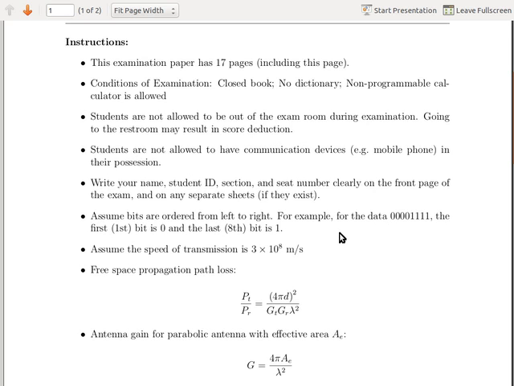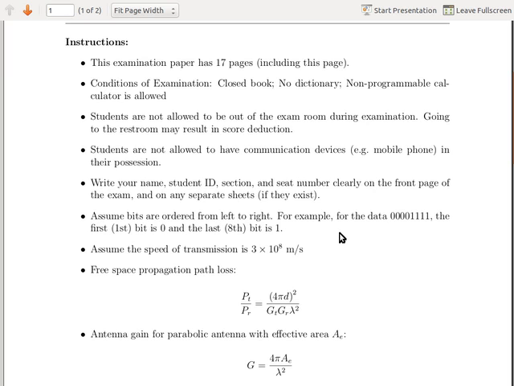So we go left to right when we look at a sequence of bits. If I say the first bit is in error, then it's this bit. In this sequence of 0, 0, 0, 1, 1, 1, 1, the first bit is 0, the 8th bit or the last bit is 1. So the notation we'll use is the first bit is the leftmost bit.